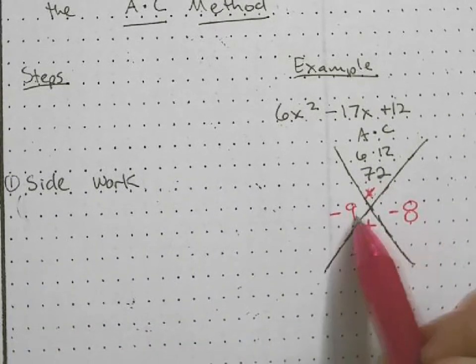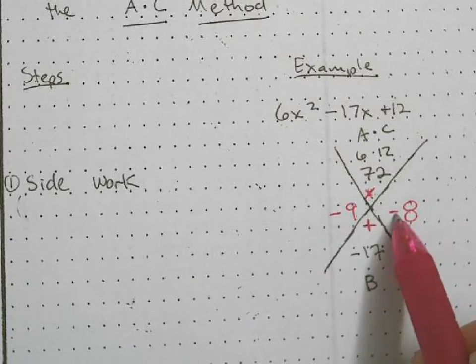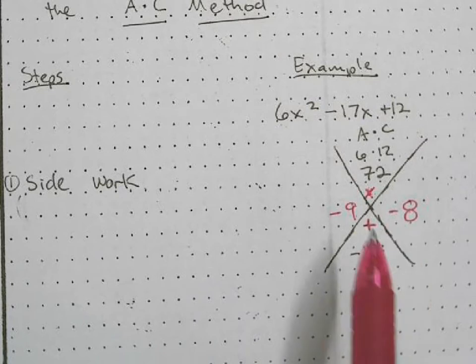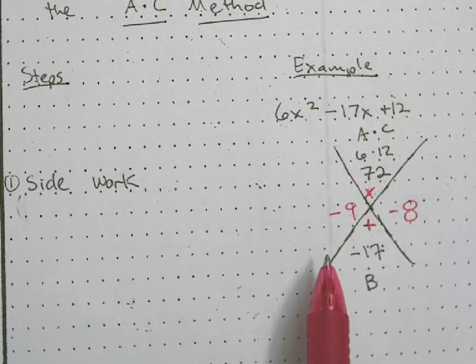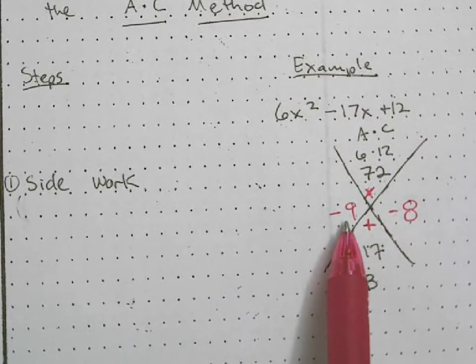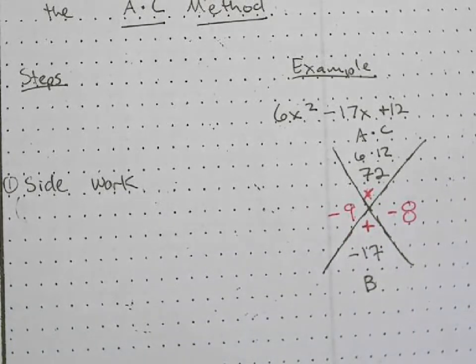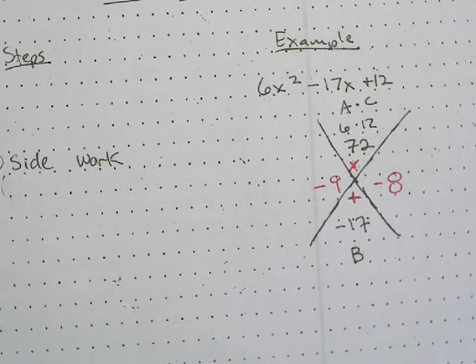Let's check our work. Negative 9 times negative 8, a negative times a negative is a positive, and 9 times 8 is 72. And if we add these together, negative 9 plus negative 8 is negative 17. So that looks good. That's our side work.